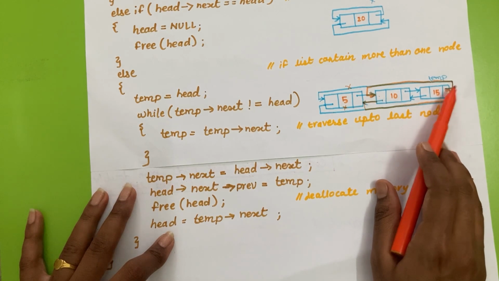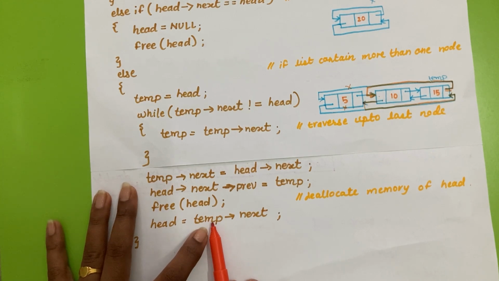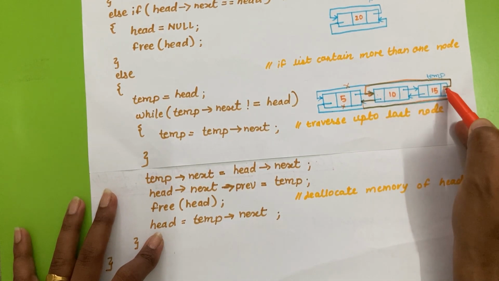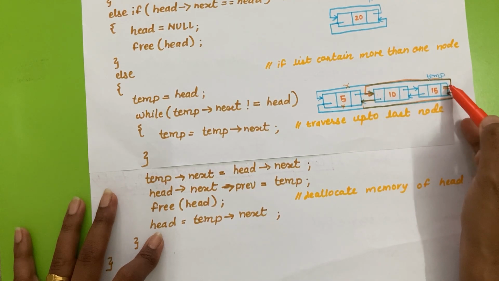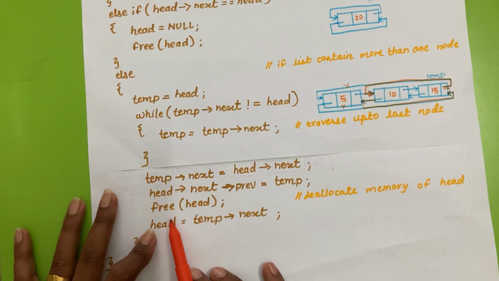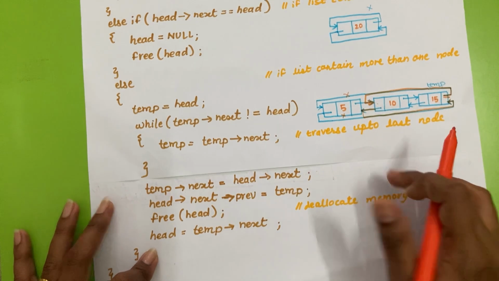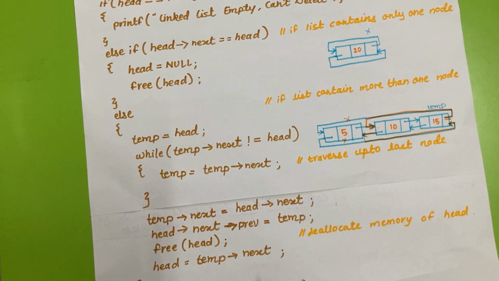So how can I write this statement? Head will get assigned with temp next, because the value of this node is stored in the field temp next. So temp next will get assigned as the head node. Now we have deleted this node, and now the list contains these many nodes after deletion.